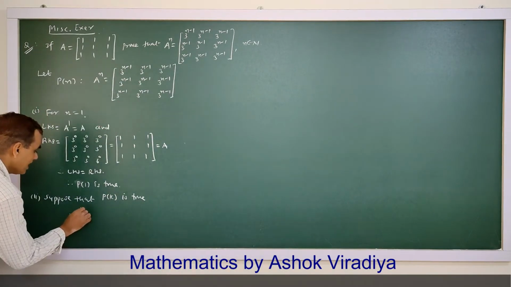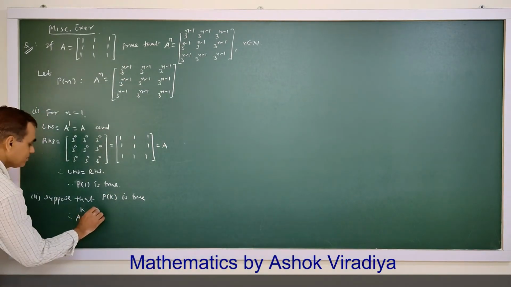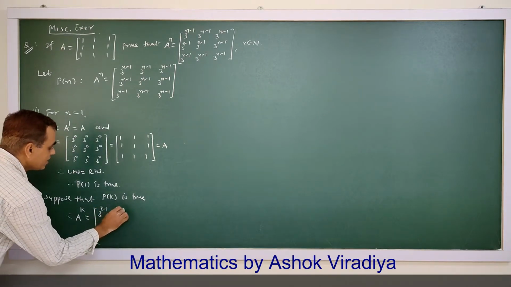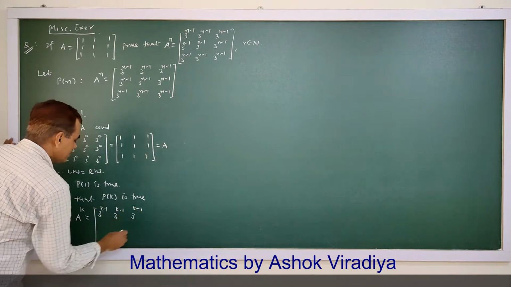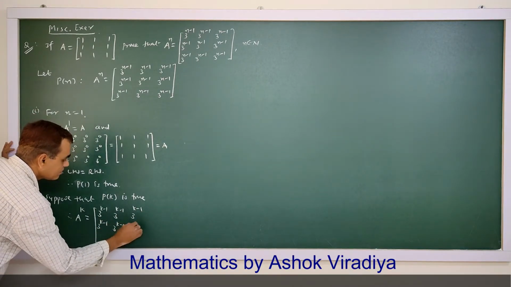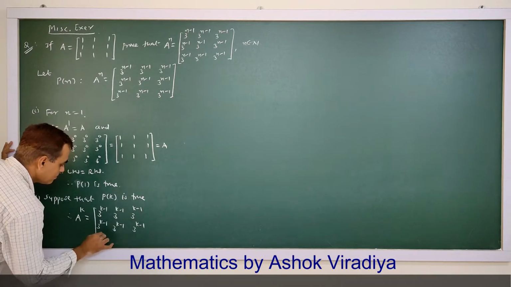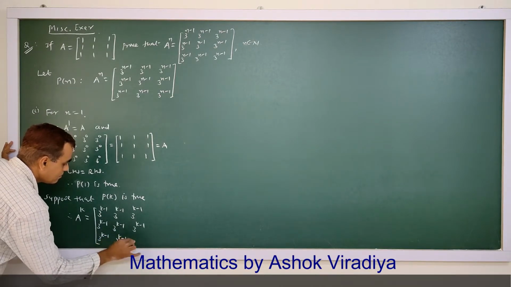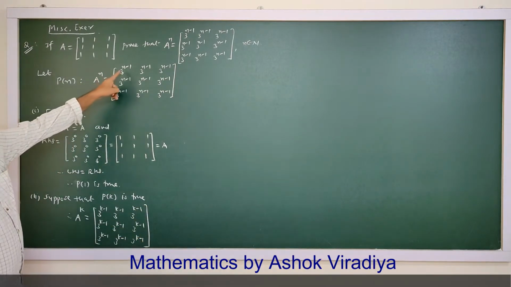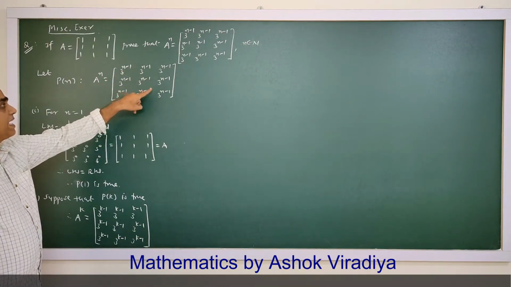So A raised to k is equal to the matrix with entries 3 raised to k minus 1, where n is replaced by k.